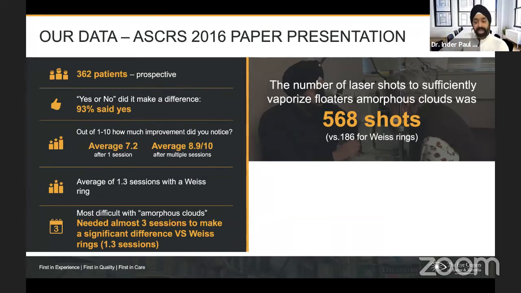So we tell them, not every floater can I get rid of, but I can make a significant difference. A Weiss ring is a wonderful way to start because it absorbs the energy very well. And usually 1 session can get rid of pretty much all of the floater, and usually with a lower number of shots for a Weiss ring. For those amorphous clouds, you can sometimes need 300, 400, 500, or 600 shots, depending on how dense and how diffuse they are as well.